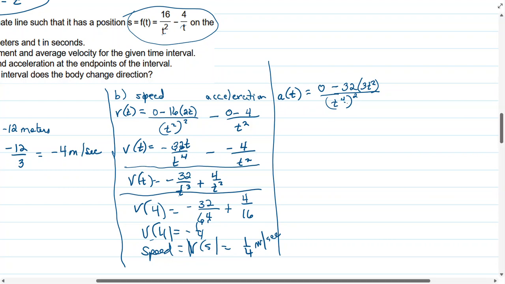Third. Why am I making that a 4? And then I'm going to have minus, and I'm doing 0 again. And that will make it a plus 4 times the 2t all over t squared squared.